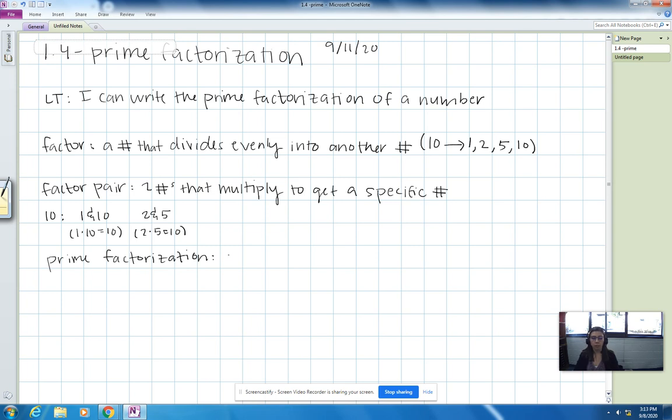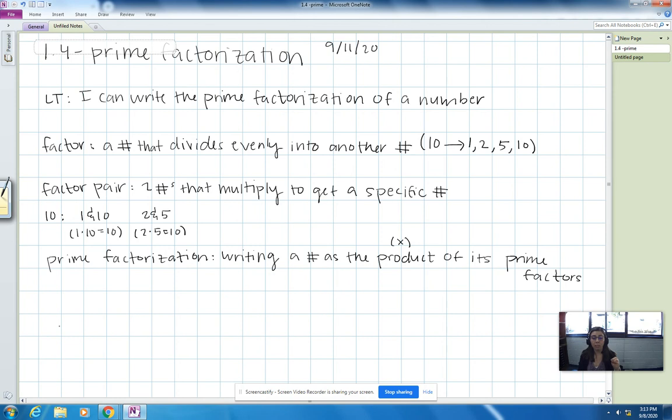Prime factorization is writing a number as the product, and remember, product means multiplication, as the product of its prime factors. So I know that sounds a little confusing. We're going to go over an example to help it make a little more sense.